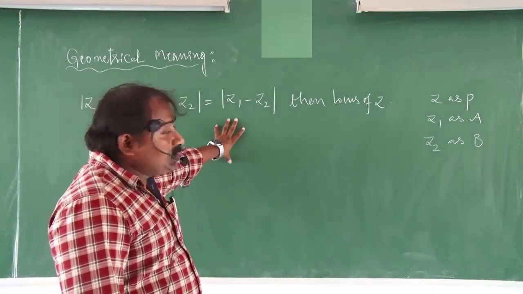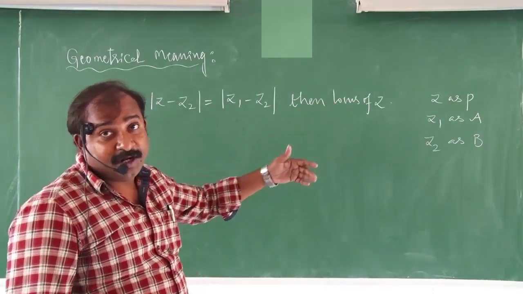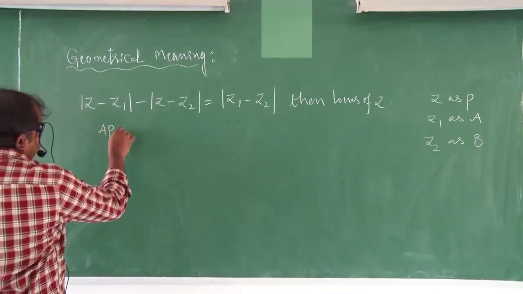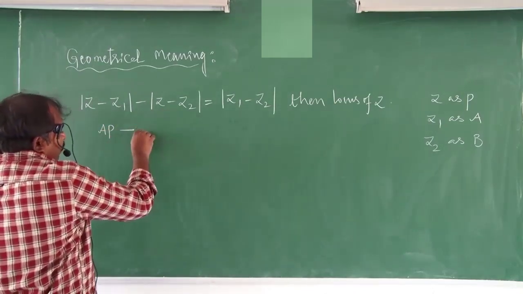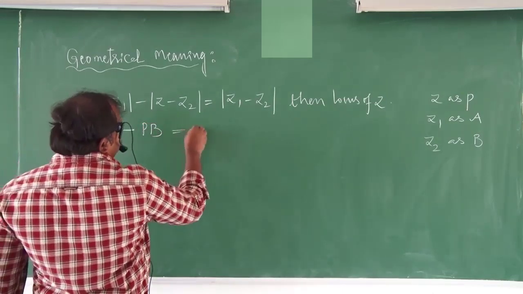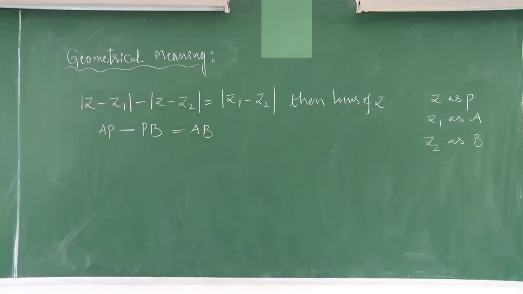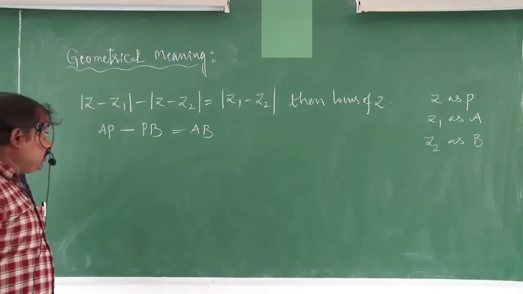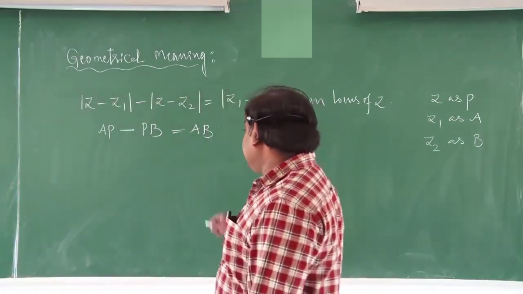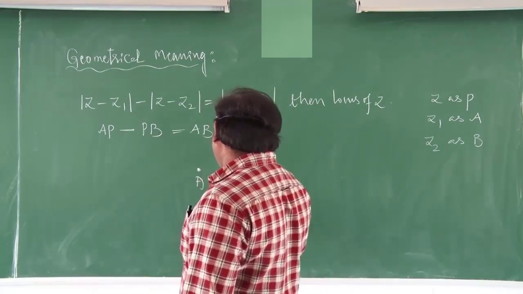Then with the help of those values P, A, B, if you write, what will you get, tell me? This is nothing but AP minus PB equal to, what is this value? AB. What will this equation give? AP minus PB equal to AB. Means, here listen, first take 3 points.